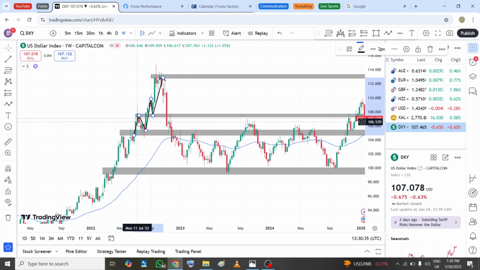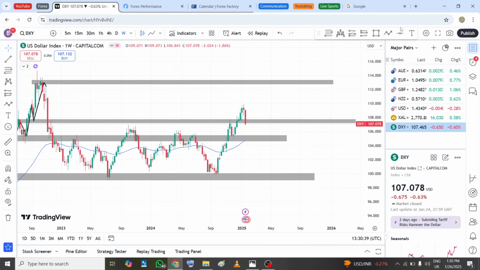So we have 2 touches here. Now looking here, we have another touch here. So it's safe to say that this is a valid key level.